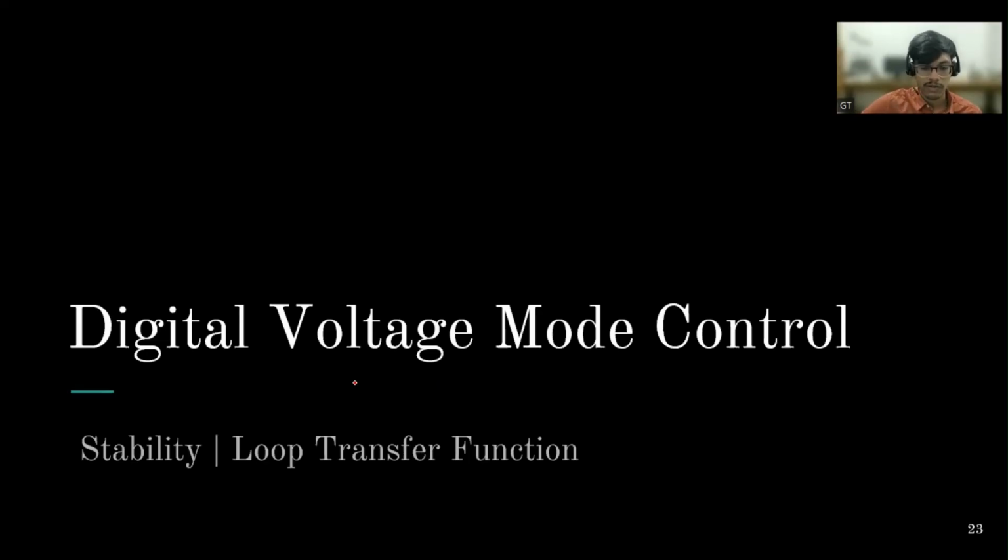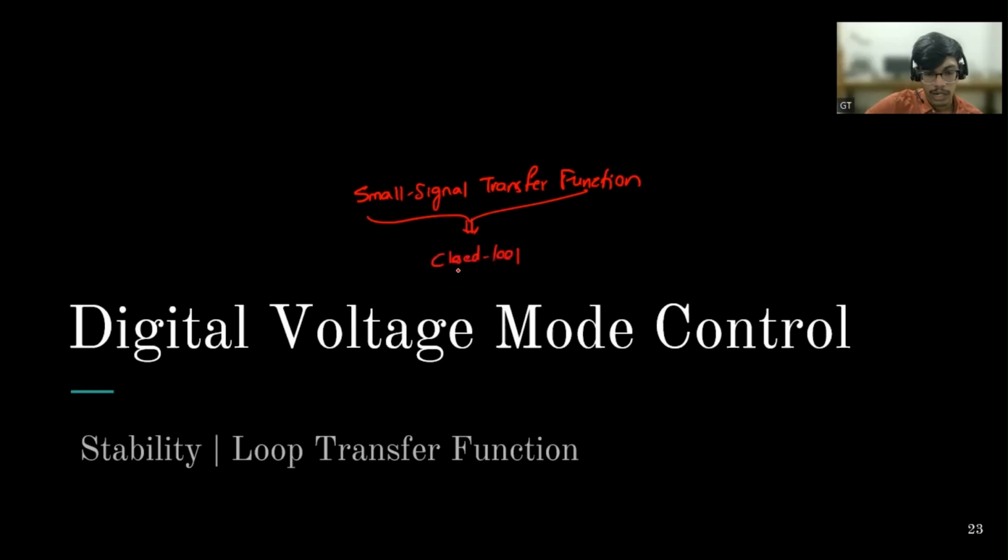So first, whatever small signal transfer functions we have got from the small signal DT model, which we got from the large signal DT model, using these small signal transfer functions, first we'll consider the closed loop diagram. From this, I'll show how to get the stability as well as the loop transfer function. And why do we get the loop transfer function for my controller design?